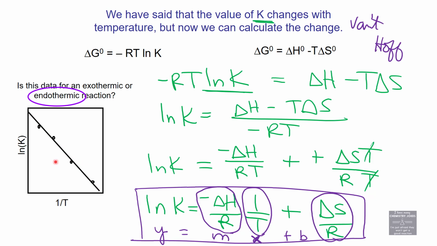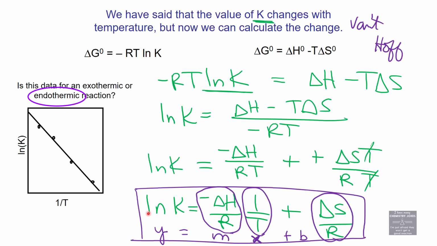If it were exothermic, it would actually have a positive slope, because negative times a negative would be a positive. I could solve for different y values given different x values. I can do lots of things with this Van't Hoff equation to determine how K changes as temperature changes.